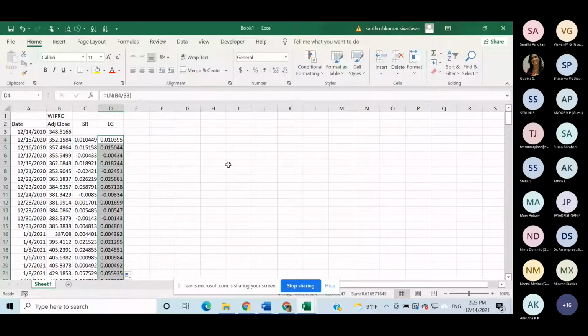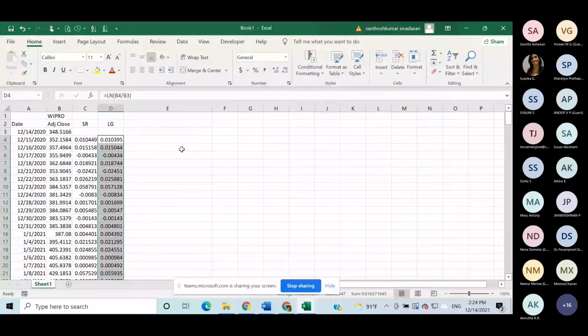So what exactly is the difference between these two? You may feel they are almost the same, but still we can distinguish between these two. Suppose I am finding the return for the first 10 days.